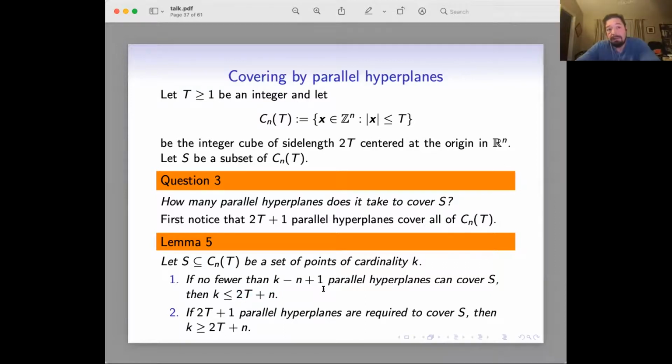And second, if 2t plus 1 parallel hyperplanes are actually required to cover S, then k has to be greater than or equal to 2t plus n. So for an extremal set, where 2t plus 1 hyperplanes are necessary, it seems like this set should have 2t plus n points.